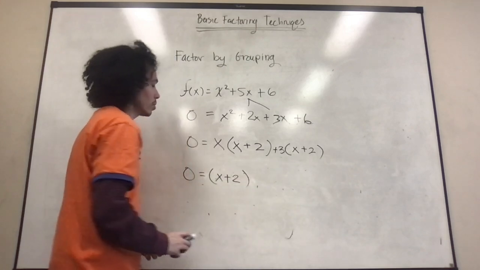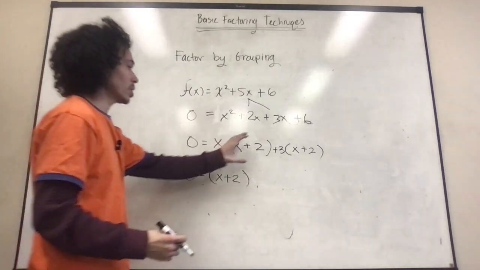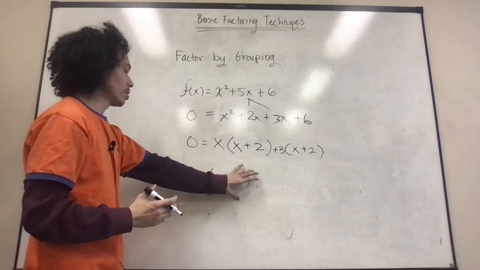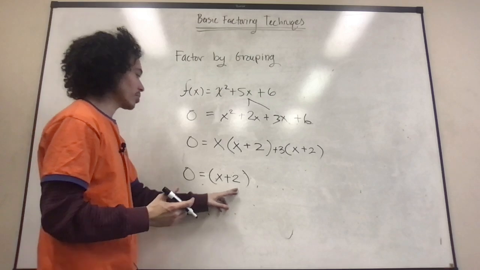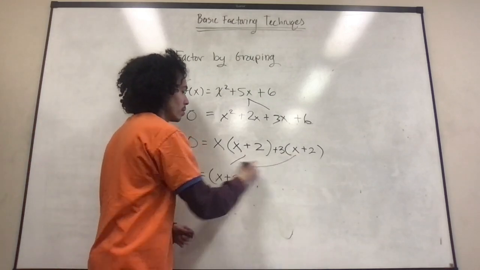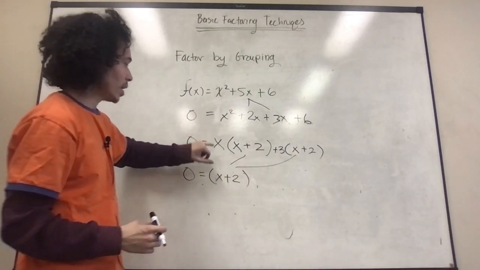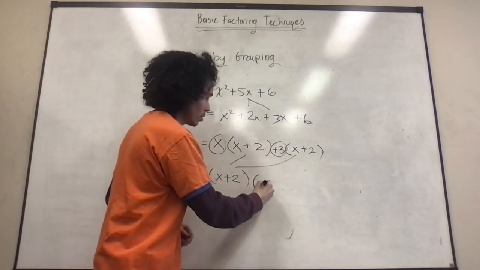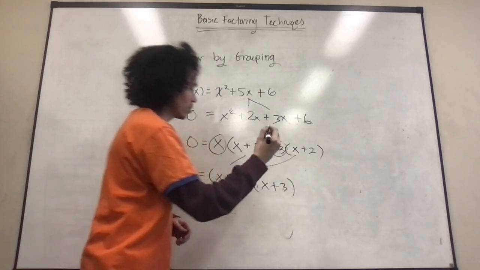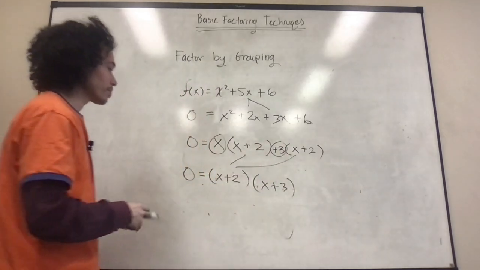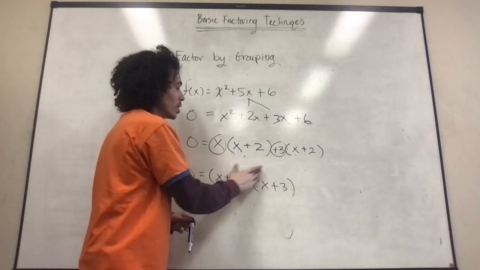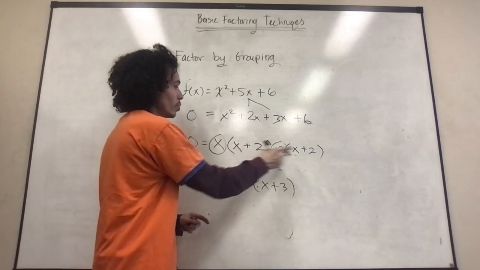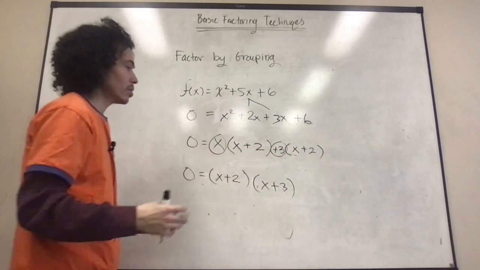We can take both of them and bring them together, x plus 2. And then this remaining x plus 3, we can chuck together in another parentheses. You can only do this if you have two parentheses inside of your function that are literally the same thing.